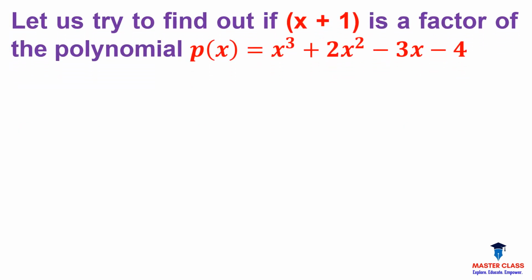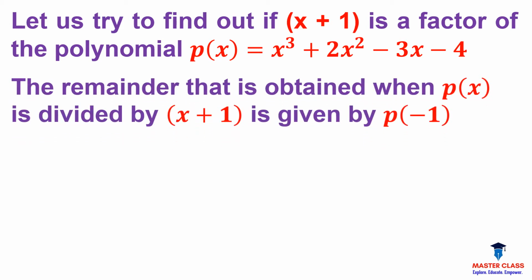Let us try to find out if x plus 1 is a factor of the polynomial p of x, which is equal to x cube plus 2x square minus 3x minus 4. The remainder that is obtained when p of x is divided by x plus 1 is given by p of minus 1.